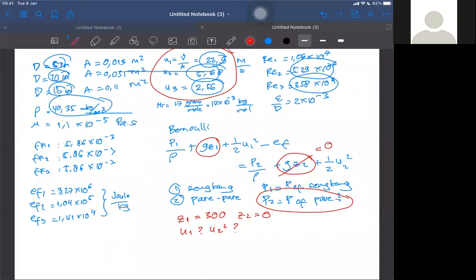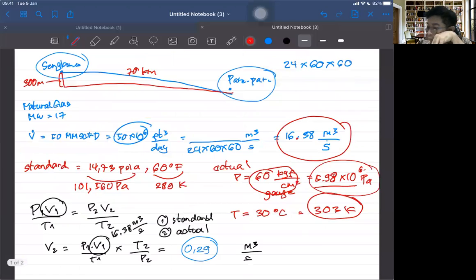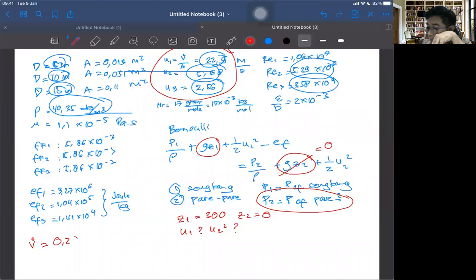Now you have the gas flow rate. How much is the value? 0.29, right? Cubic meters per second. That's the flow rate of the gas. It means throughout the whole line from Sengkang to Parepare, the volumetric flow rate is 0.29 cubic meters per second.